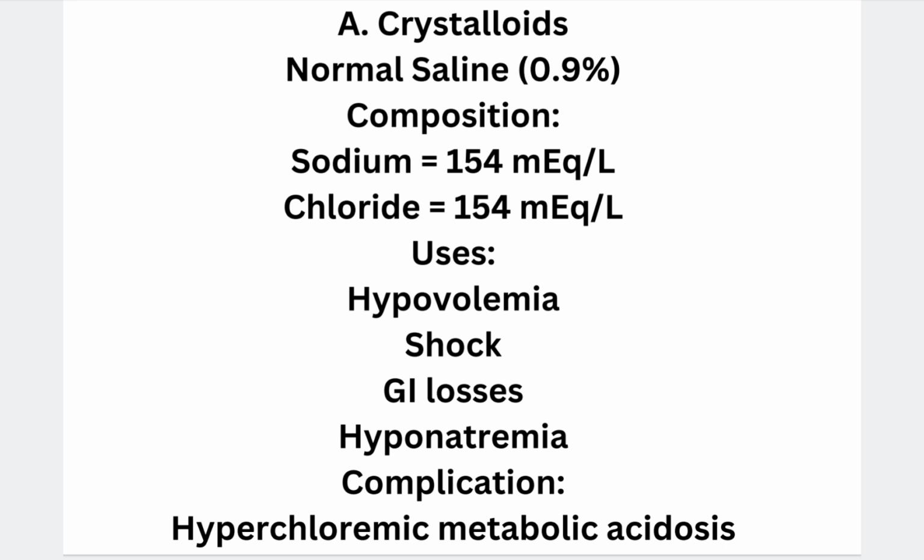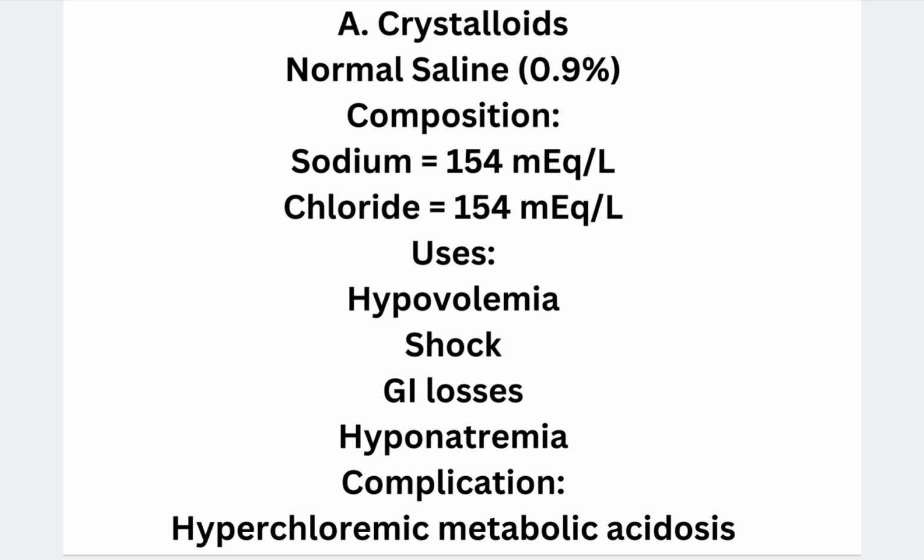So the body tends to retain the sodium and chloride by excreting potassium and hydrogen ions. That leads to a state of metabolic alkalosis, a term called contraction alkalosis. So in contraction alkalosis, fluid of choice is normal saline.